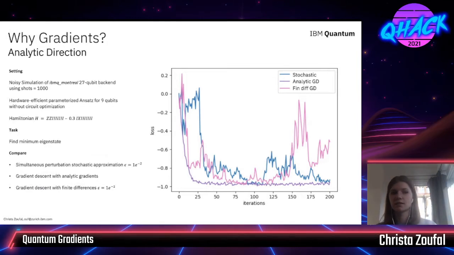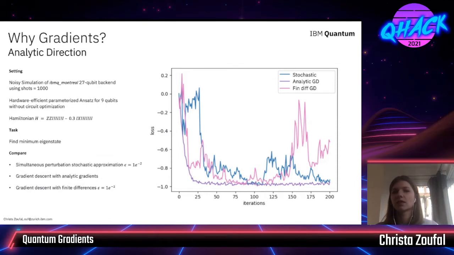Now, the underlying state is given by a hardware efficient parameterized ansatz for 9 qubits, and what's important to mention is we did not do any additional circuit optimization for this noise model, but just took the circuit as is. And the Hamiltonian is a very simple one. We have 2 Z's on the first 2 qubits and an X on the second qubit. The task at hand is we want to find the minimum eigenstate for this given Hamiltonian.